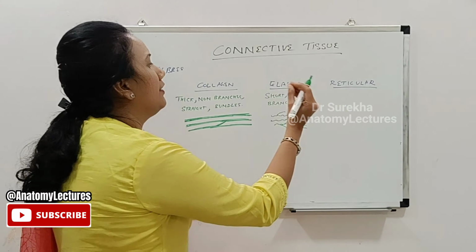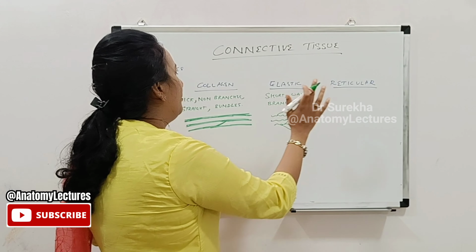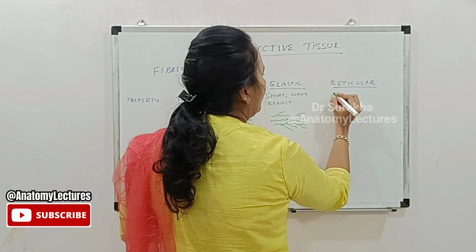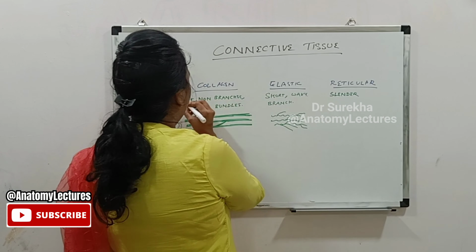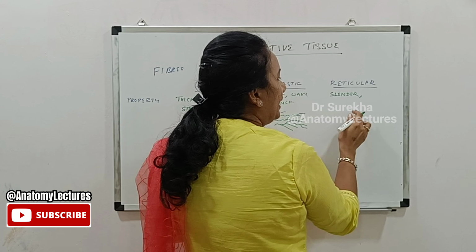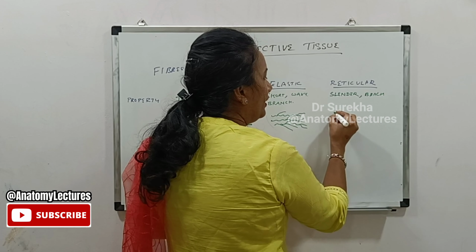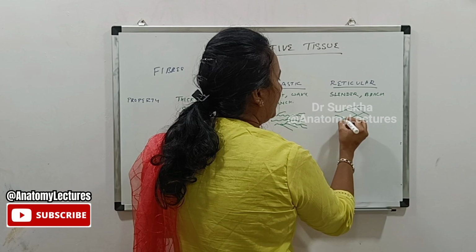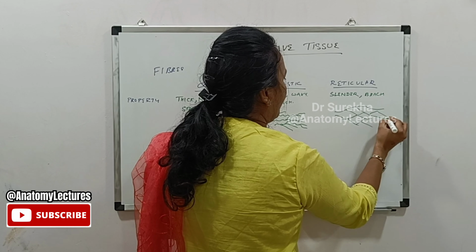Next, coming to the reticular fibers. Reticular fibers are nothing but a type of collagen fibers. The collagen fibers are thick, but the reticular fibers are slender, and they will branch and form a network, a reticulum like this.